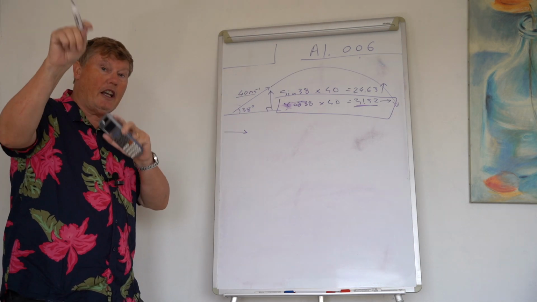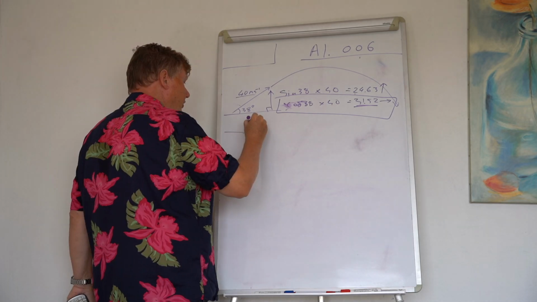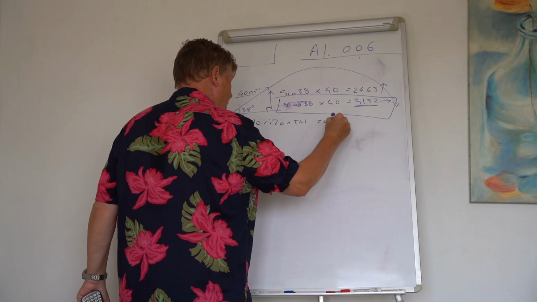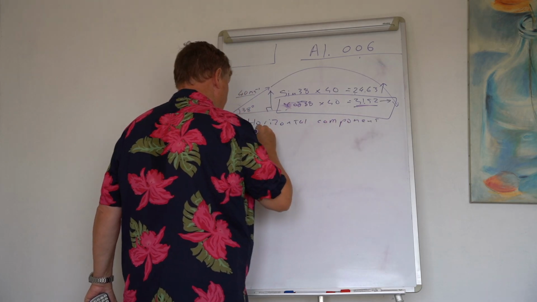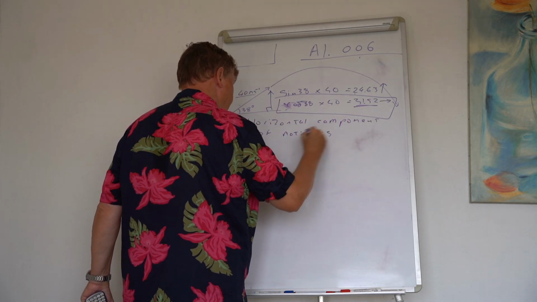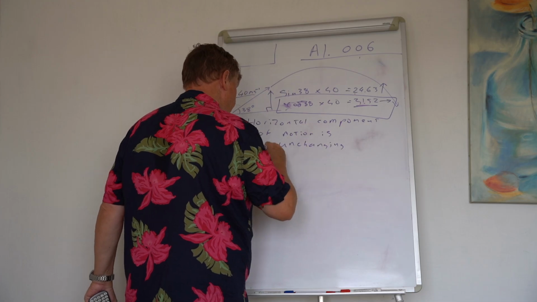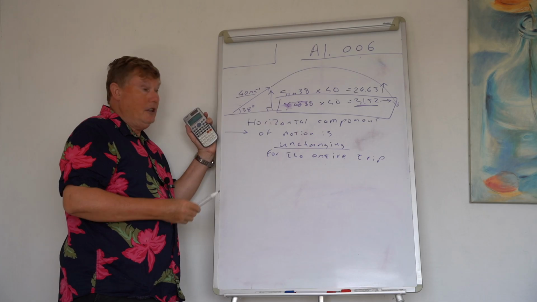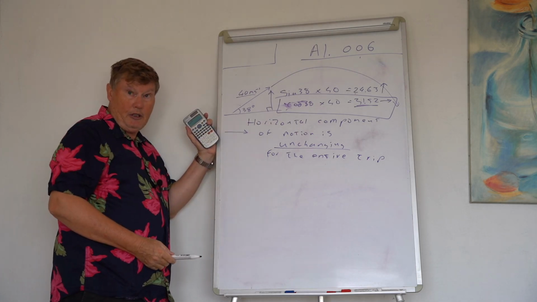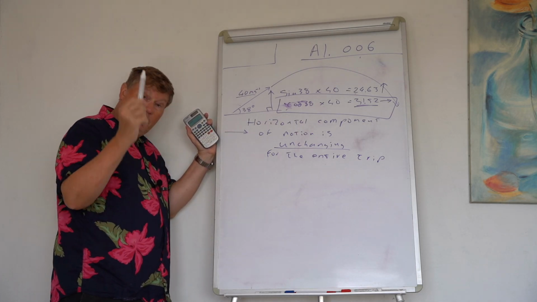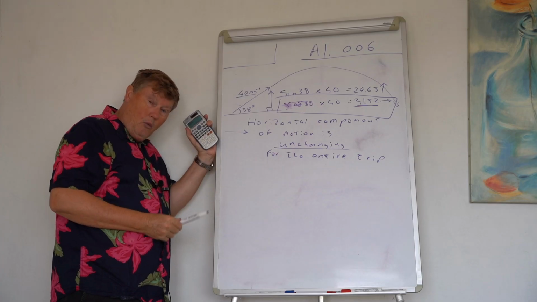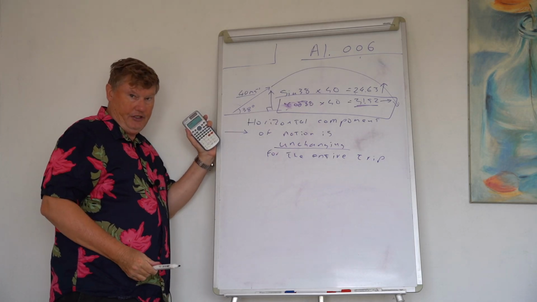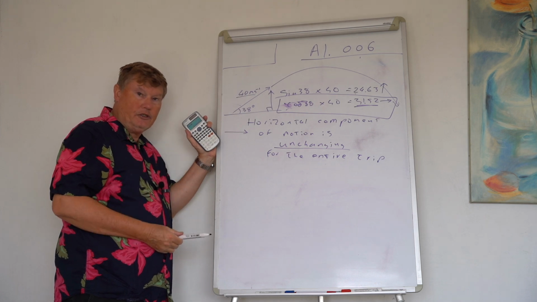So rule number 1 of projectile motion, everybody: the horizontal component of motion is unchanging for the entire journey. If it starts off going sideways at 31.52, just before it hits wherever it's going, it'll be doing 31.52. It will not be speeding up, it will not be slowing down. Why would it? It's going sideways. Gravity acts downwards. It's not going to affect your horizontal speed.